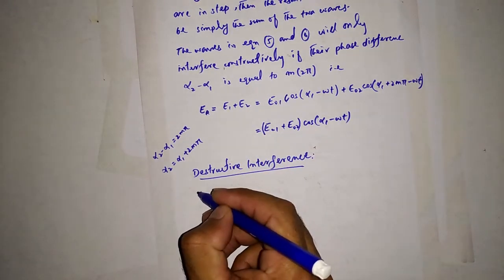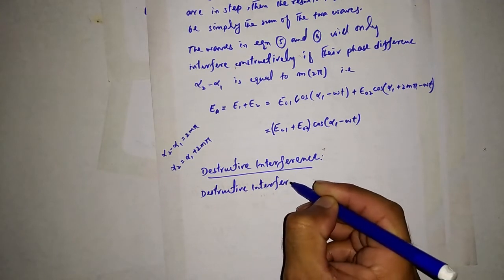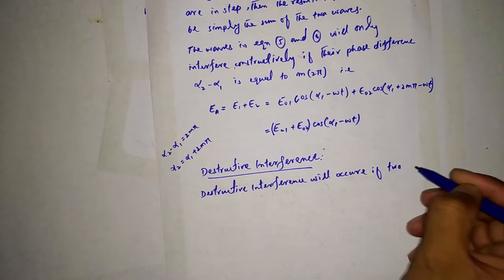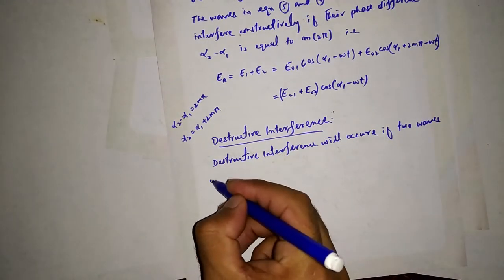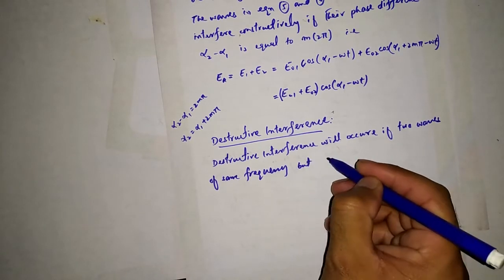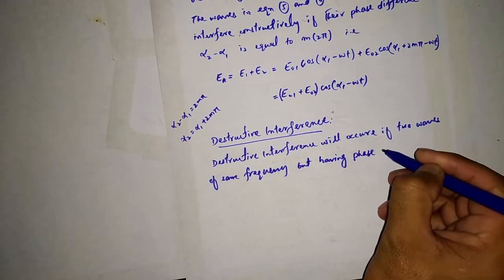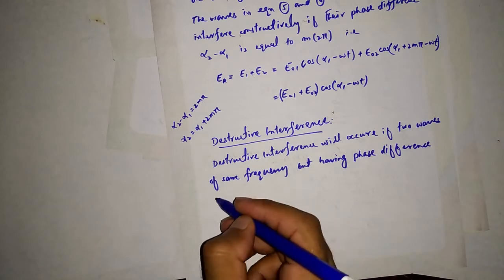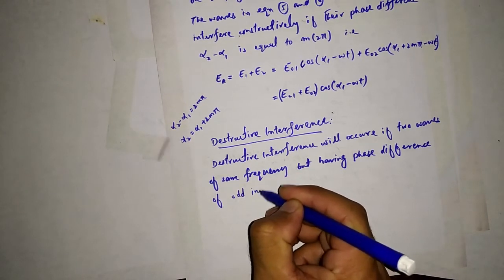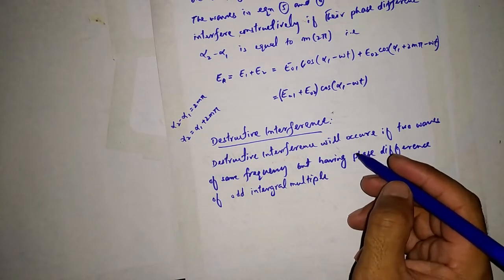So destructive interference will occur if two waves of the same frequency but having a phase difference of odd integral multiple of pi.